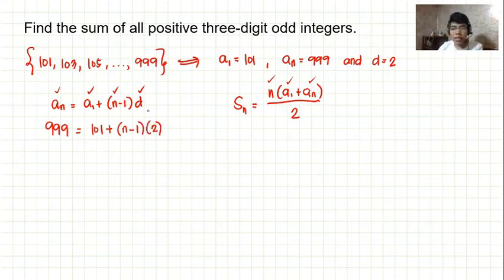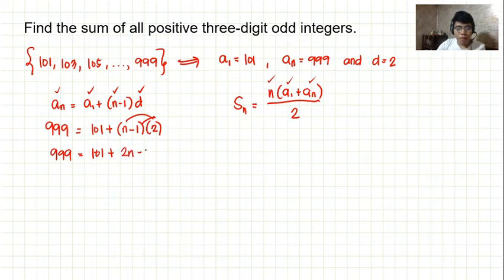Okay? Now let's solve for n. Okay? So we have 999 equal to 101 plus distribute 2. We have 2n minus 2. So we have now 999 equal to 99 plus 2n.